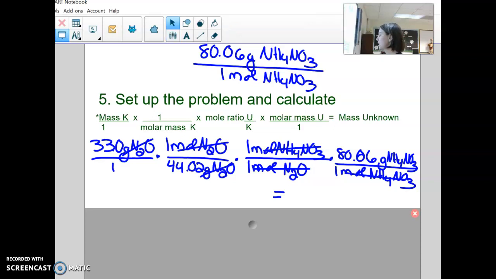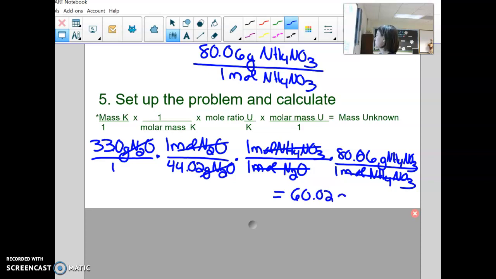You want to grab out your calculator to do that. 33 times 80.06, quantity divided by 44.02, and I get 60.02 grams ammonium nitrate.